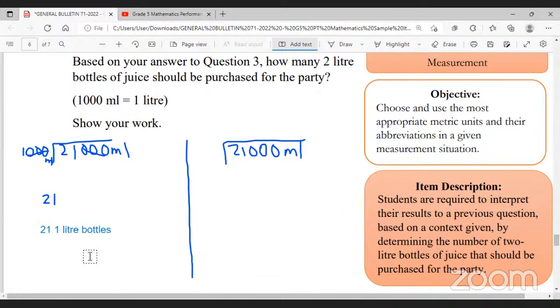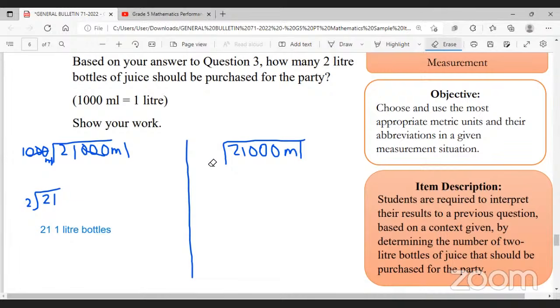The software is set to American, so it's marking it incorrect, but it's okay. And then this 21 now, we can further divide by 2, and that will give us how many 2 liter bottles. I won't write that down as yet because I want to do it here first.